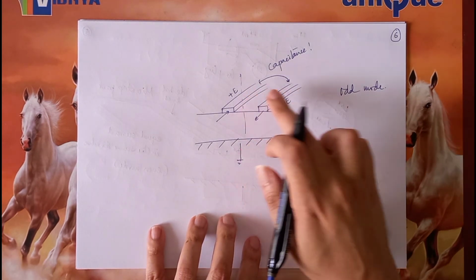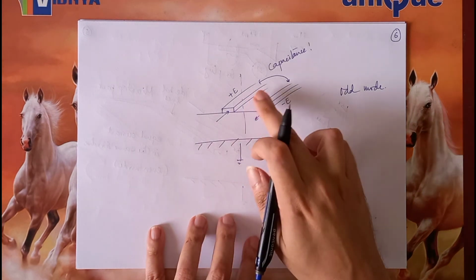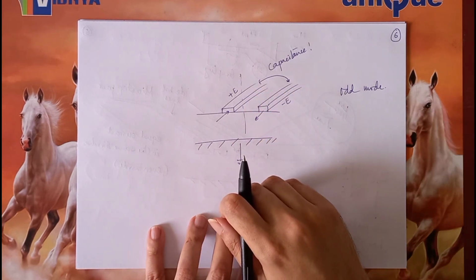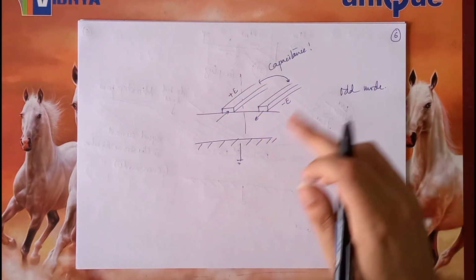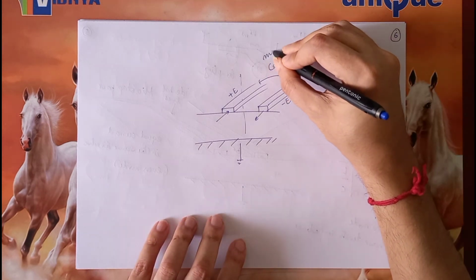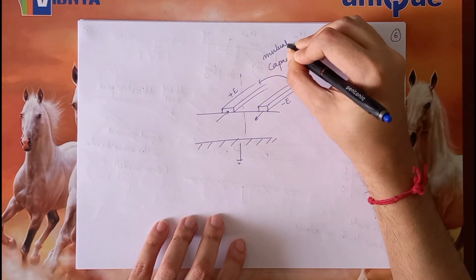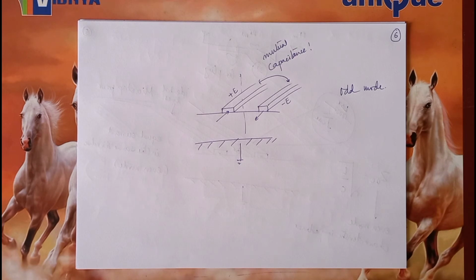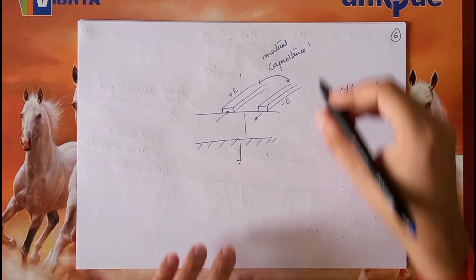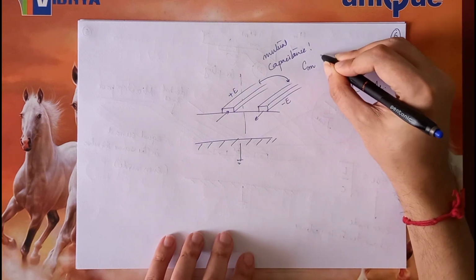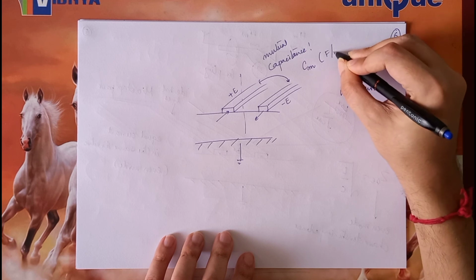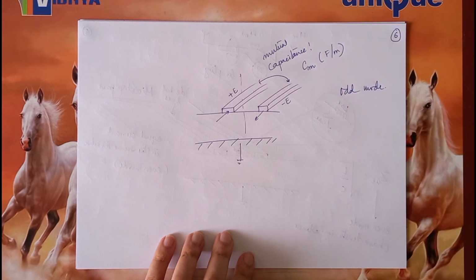So there is some kind of capacitance formed in the odd mode between the two conductors, and therefore it is called mutual capacitance. That is the capacitance between the two conductors. Just like the L and C, which were per unit length quantities in a transmission line, even this mutual capacitance, let's call it Cm, is a per unit length quantity.